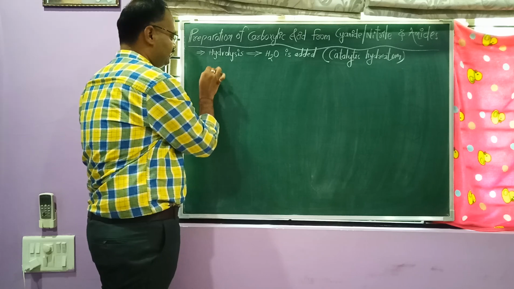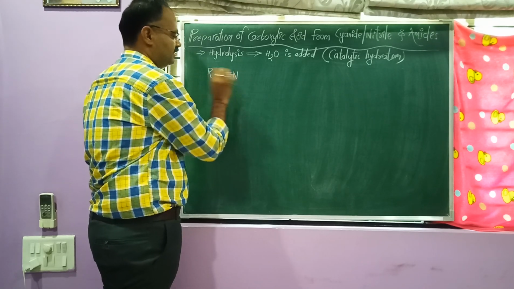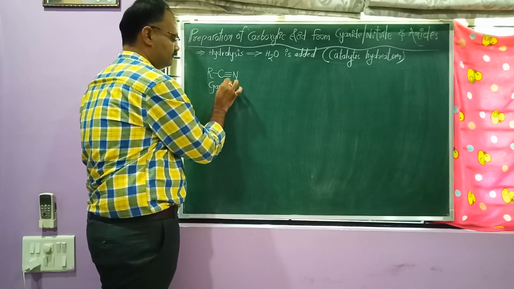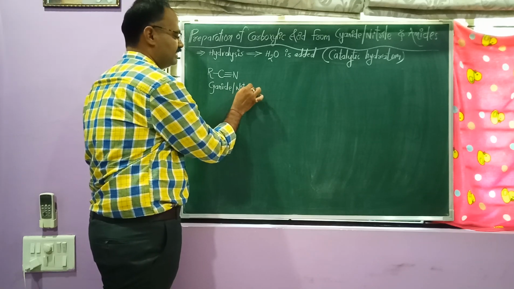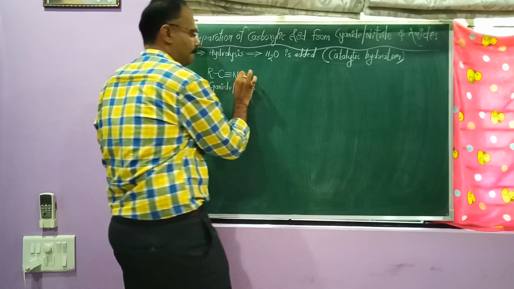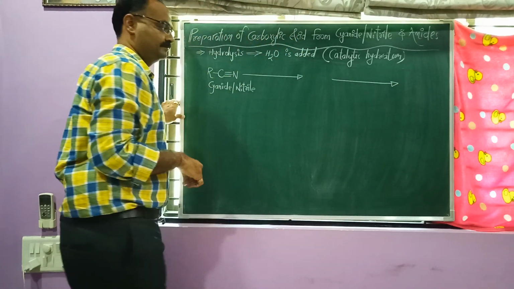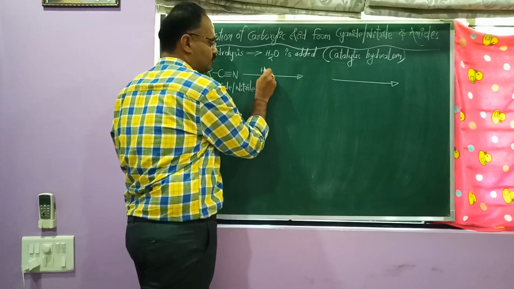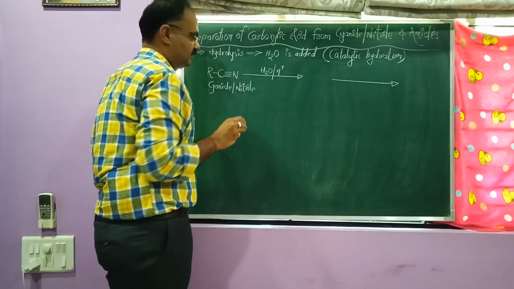I will consider one very simple, common example here. This is an example of cyanide, or it is known as nitrile. See, we add here H2O in presence of H plus catalyst.